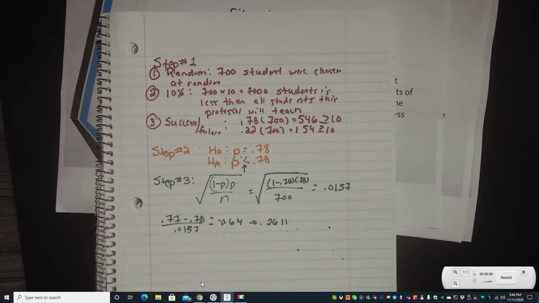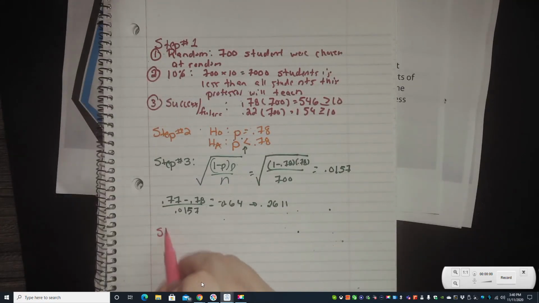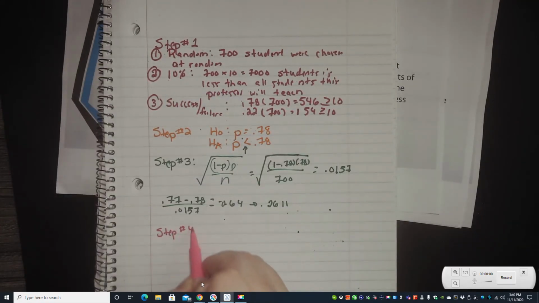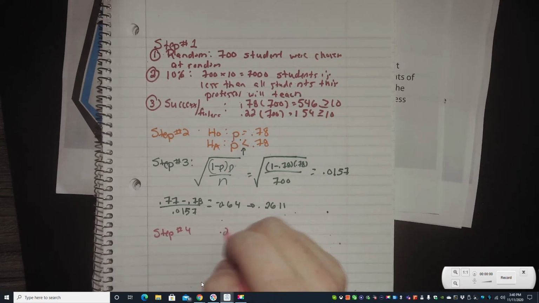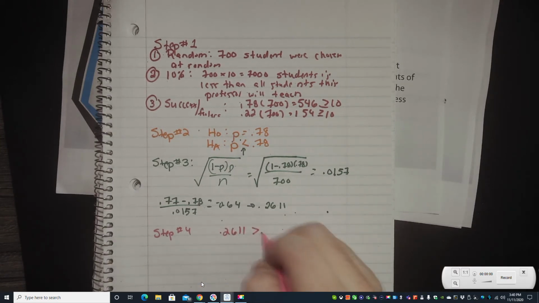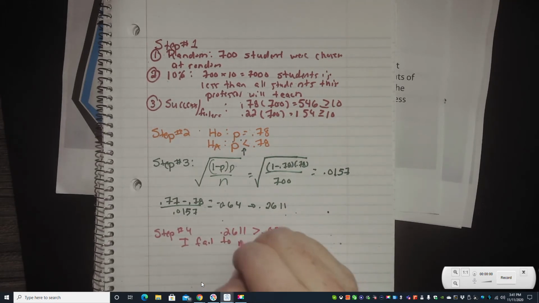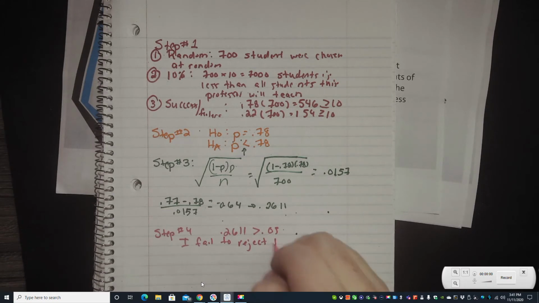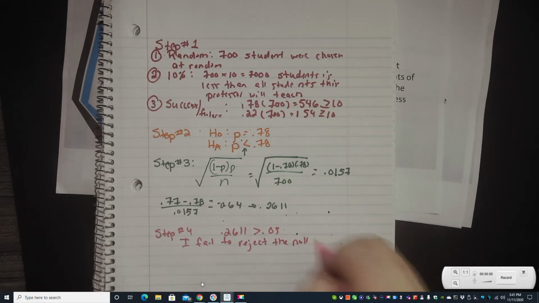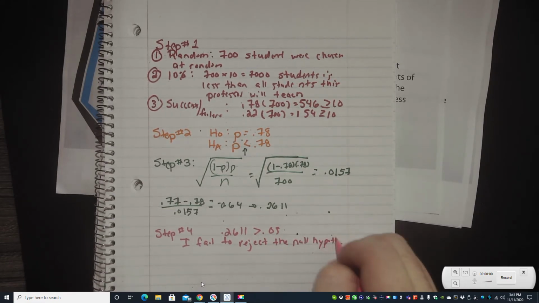So now step number 4, we'll use pink this time. Step number 4, 0.2611 is definitely greater than 0.05, so I fail to reject the null hypothesis.